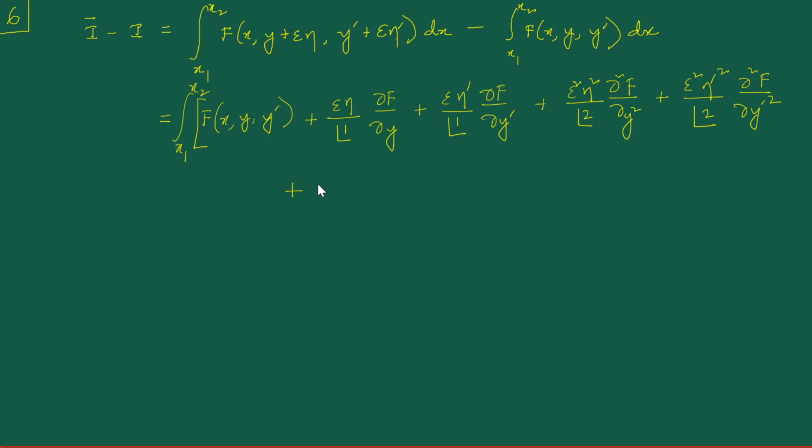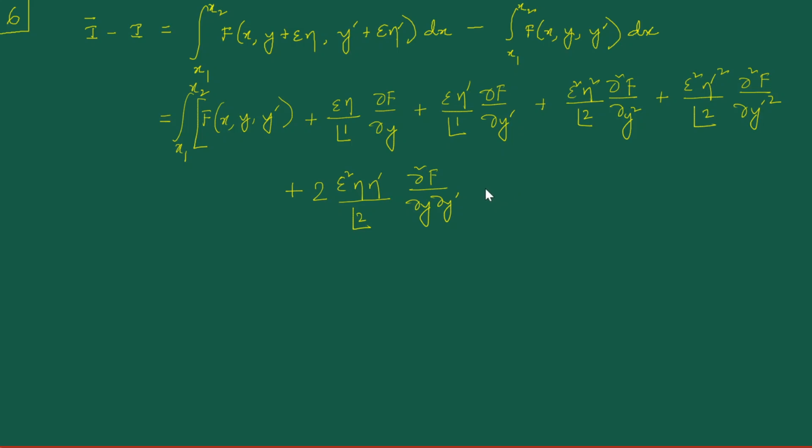What I mean to say is that we have one term which is like del square f del y dash del y, and another which involves del square f del y del y dash. And because the order of the derivatives does not matter, what we end up with is 2 epsilon square eta eta dash, so it is like epsilon eta times epsilon eta dash from the two separate terms, by factorial 2 del square f del y del y dash. Okay.